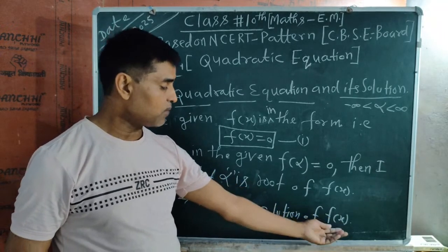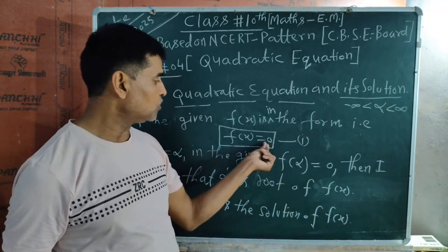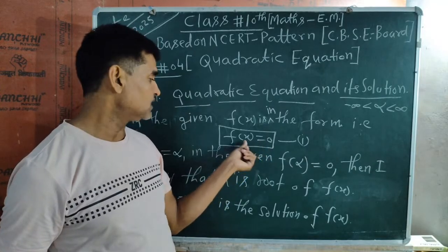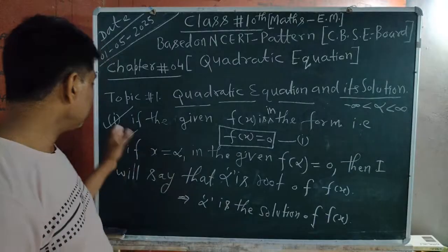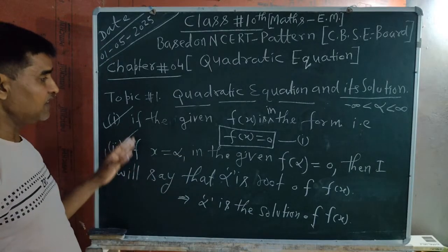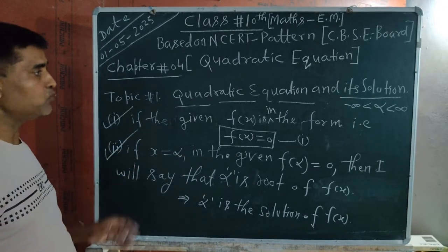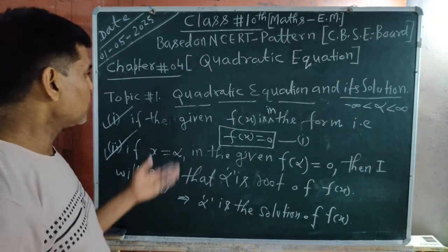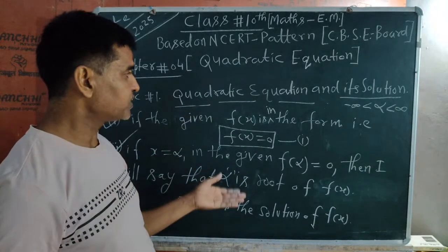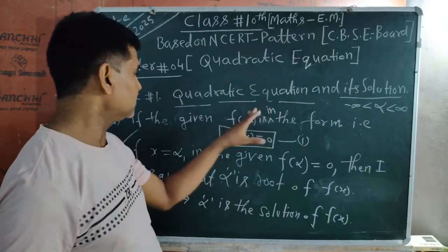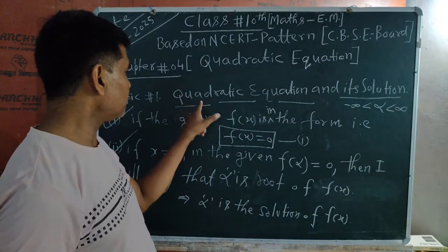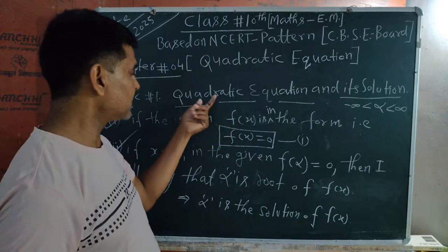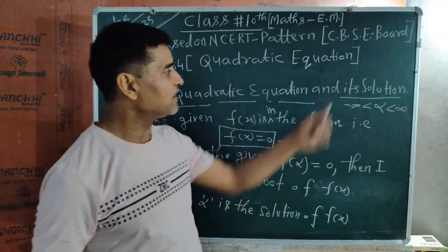If the value of f of x is equal to 0, then that polynomial is called the quadratic equation. Okay student. So these are two conditions, and you have to remember them, and after remembering we will solve questions which fall in this condition, that is in this topic. That topic is quadratic equation and its solution.